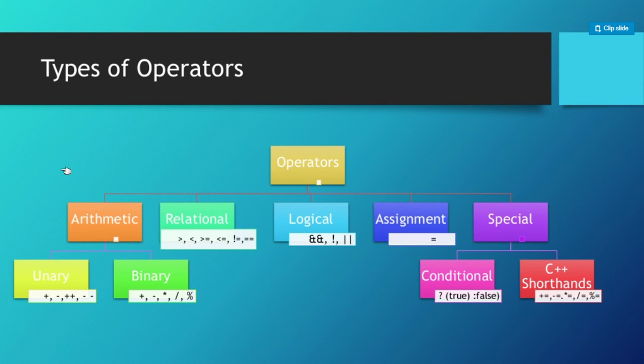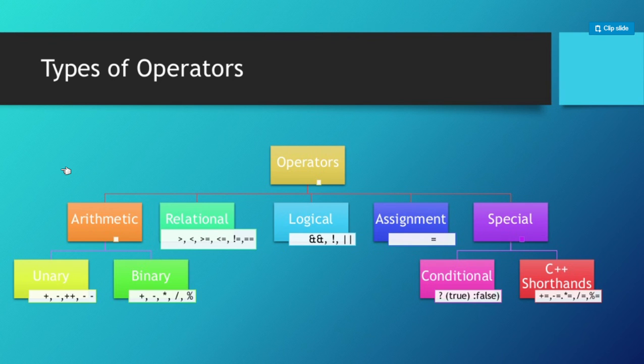Relational operators show the relationship between two operands, whether they are greater than, equal to, or not equal to. Logical operators are of three types: logical OR, logical AND, and logical NOT.